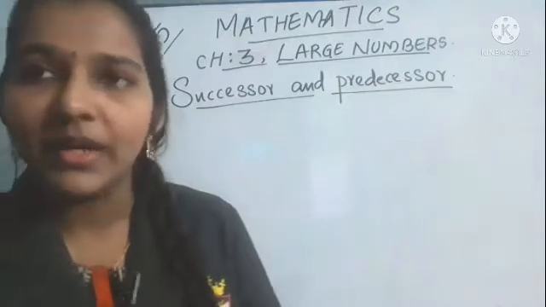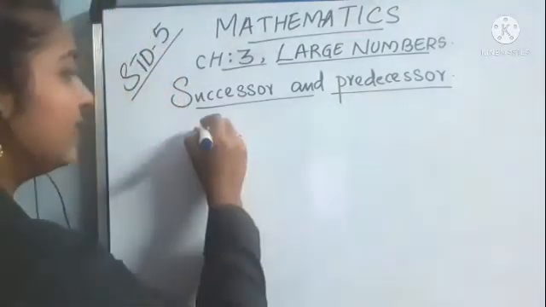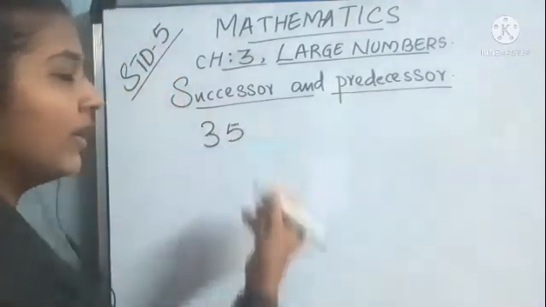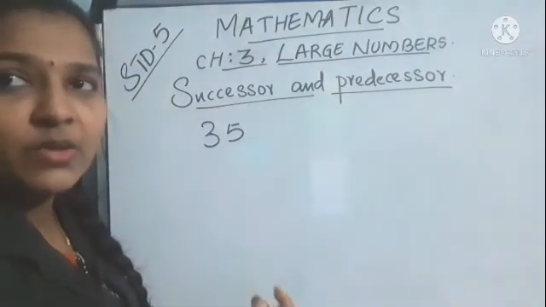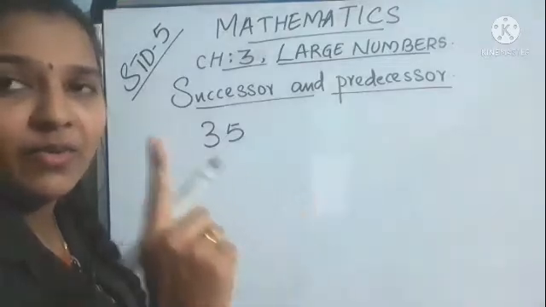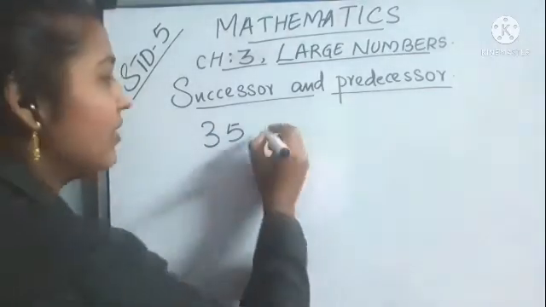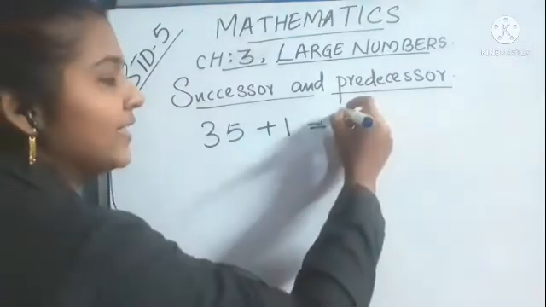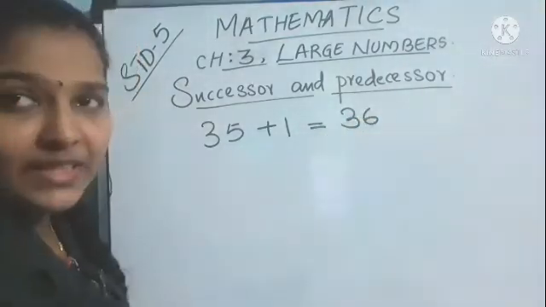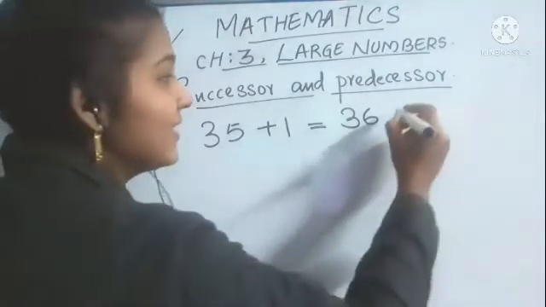So children, I am writing a number 35. Can you say the successor of this number? We know successor means plus 1, one more than the given number. So I am adding 1 with 35, that is 36. So 36 is the successor.